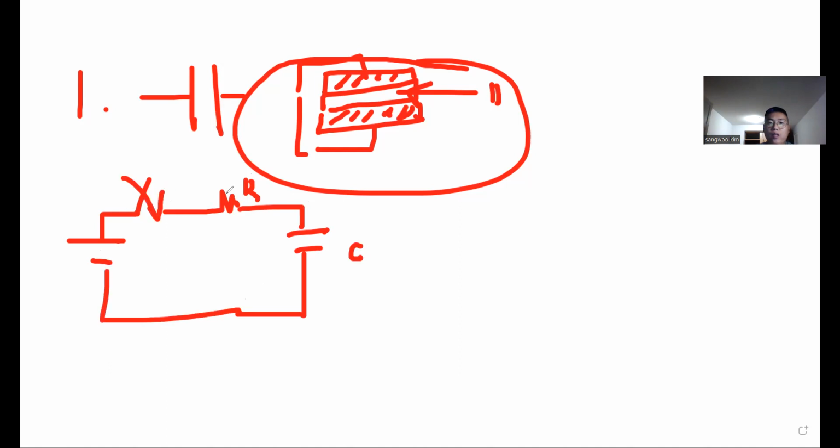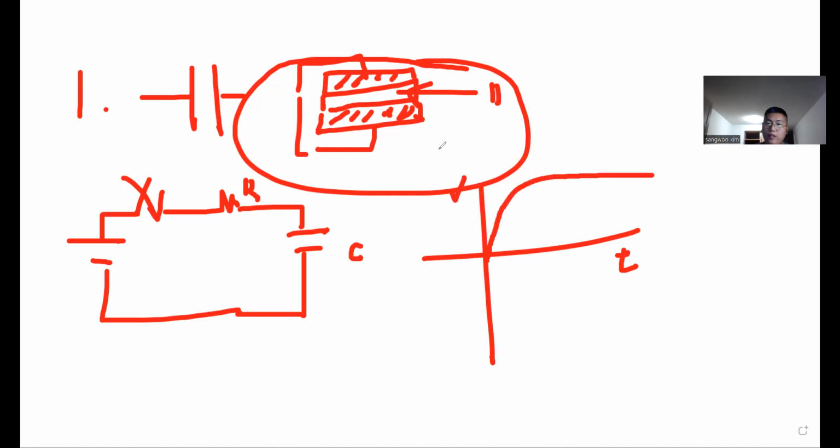When it closes, look at that, this is time, this is voltage. It's going to be like this, if it's 10 volts here. We say this part is the transient state.